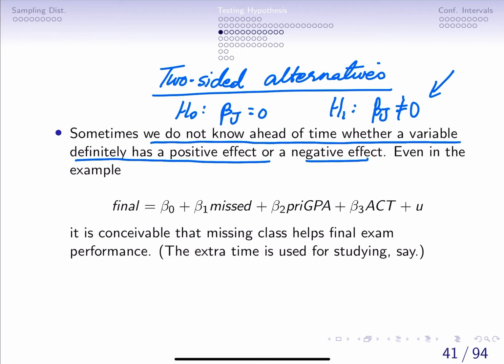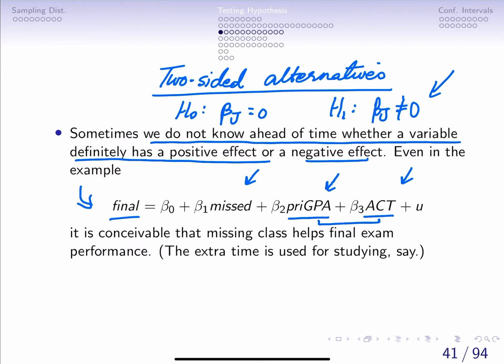As an example, if we look at our previous example of predicting final exam scores, we were using information on missed lectures, prior GPA, and achievement scores. You might have good reason to believe that prior GPA and ACT scores have a positive effect on final exam scores, because these capture some sort of preparedness that you might have for a particular class.